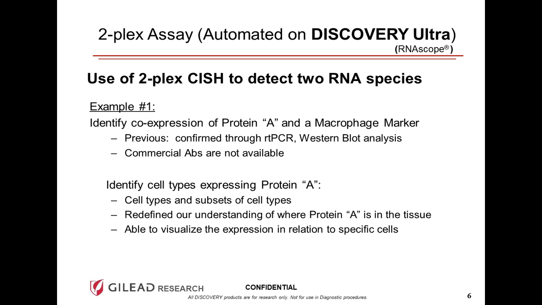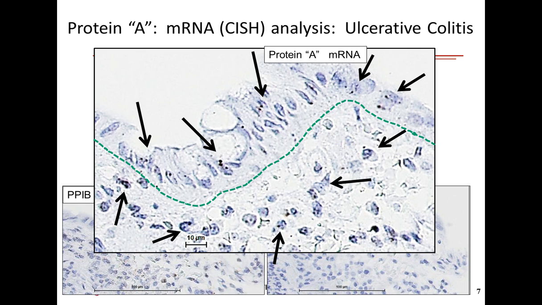And so we were desperate to understand where protein A was expressed. We knew it was in macrophages, we didn't know where. I'll show the images on the next slide, but you'll see again that we were able to identify key subsets of macrophages that were expressing protein A. And again, it helped redefine our understanding of the location of protein A in the tissue.